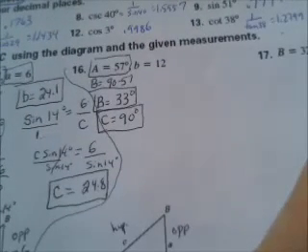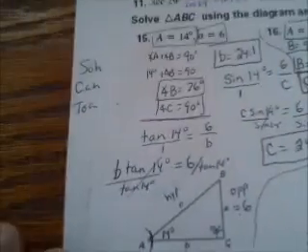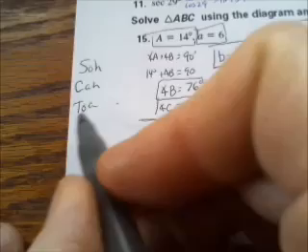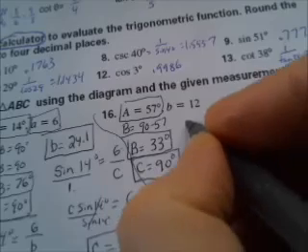Now what we have is the adjacent side. And if we wanted to find the opposite side, we look over here, and the tangent function refers to opposite and adjacent. So we're going to use tangent since we know the adjacent is 12.